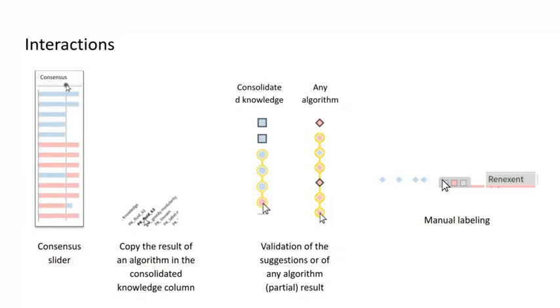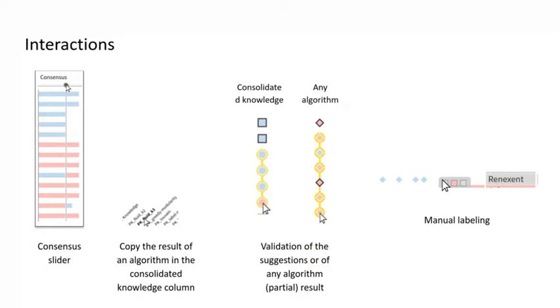It means that 9 algorithms out of 10 would agree for the suggestions to appear if there are 10 selected algorithms. Then the user can copy the result of one specific algorithm and then consolidate one part of the results or all the labels, for example.